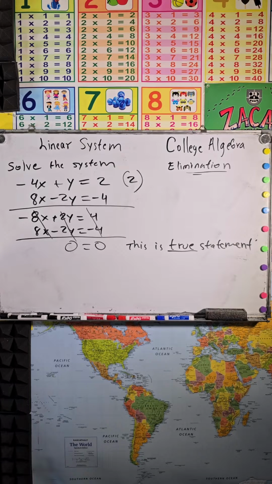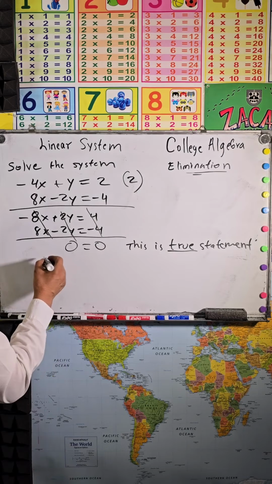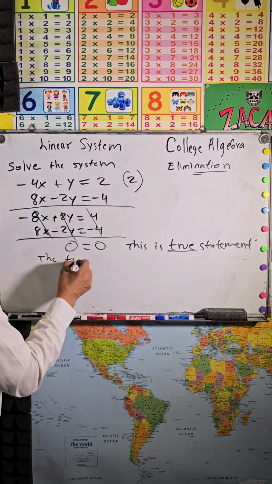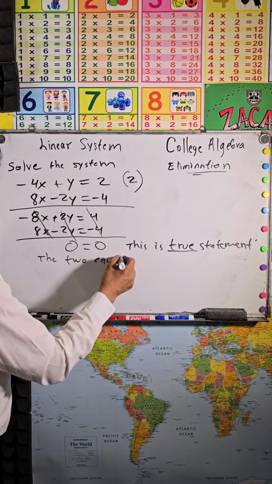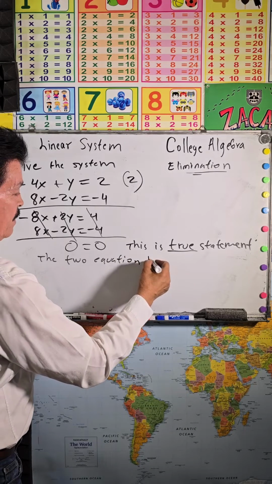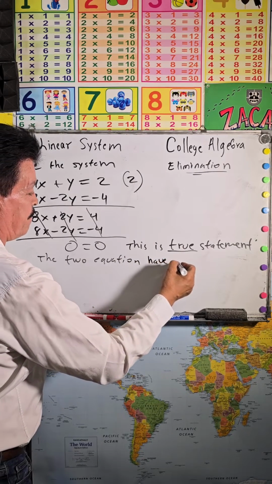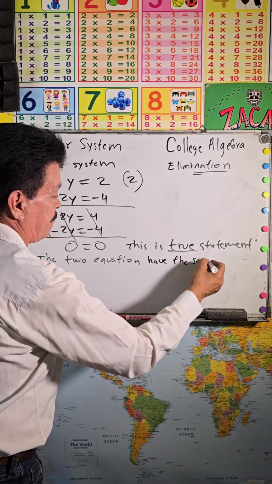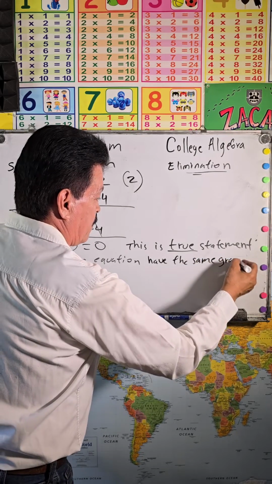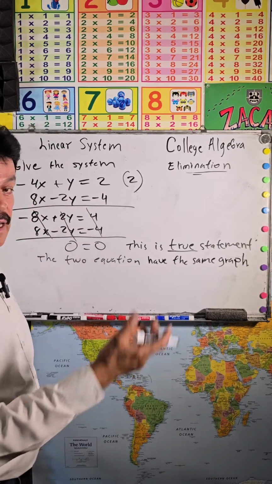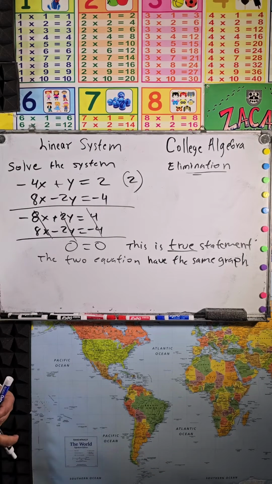The two equations have the same graph. And then what is the solution? There is an infinite number of simultaneous solutions of the system.